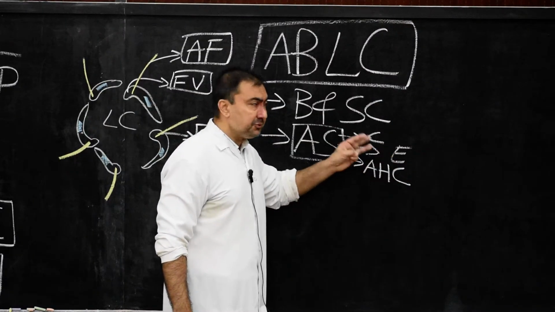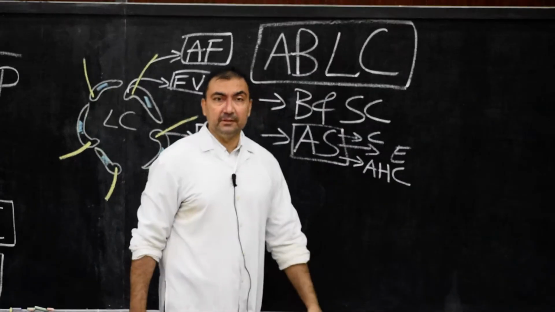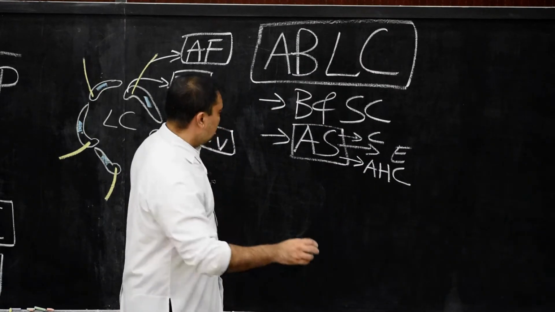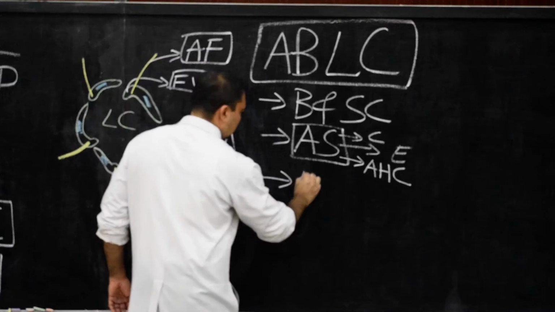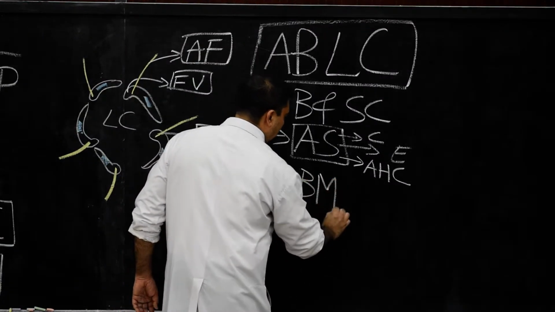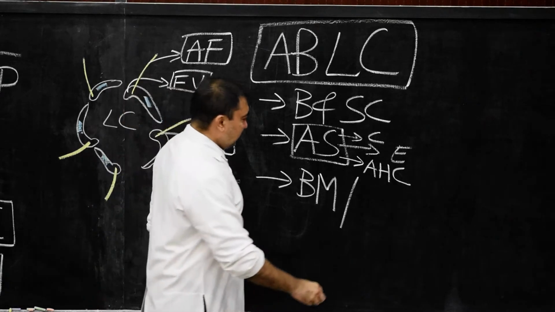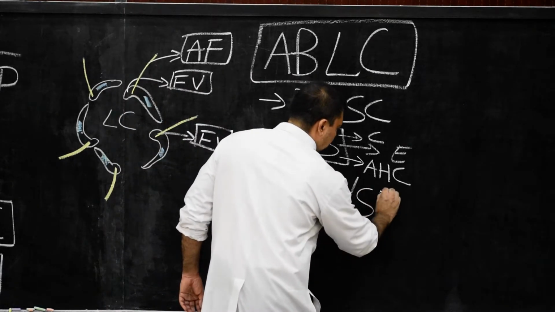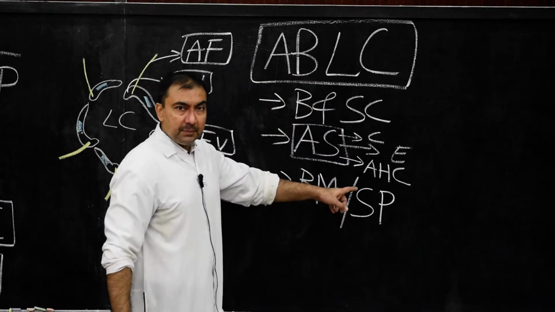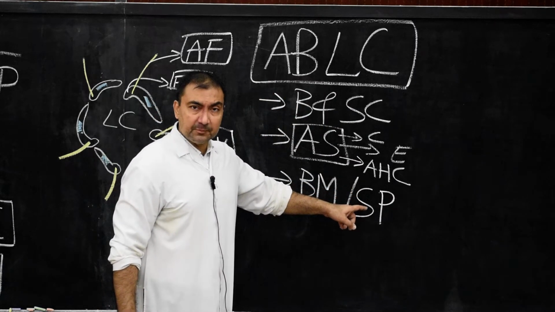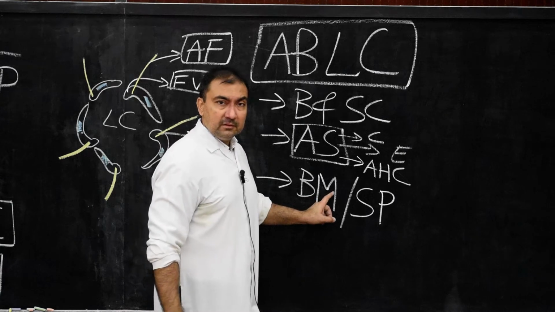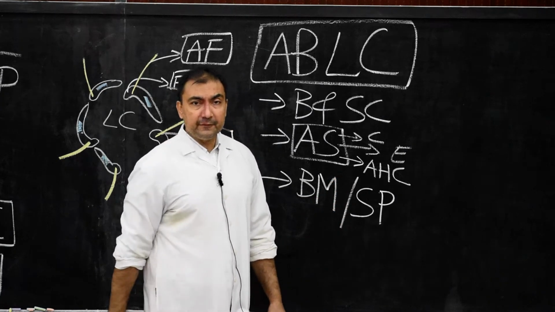These are the three places where lymph capillaries will be absent. Another structure, the bone marrow and the splenic pulp. The pulp which is present in the spleen and the bone marrow, they are the sites where lymph capillaries are absent.